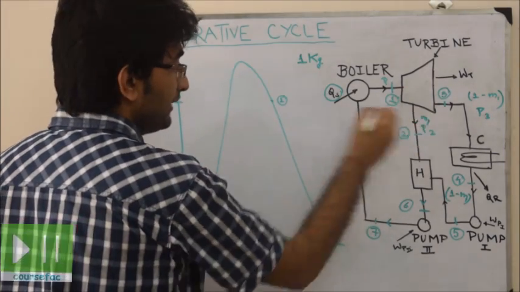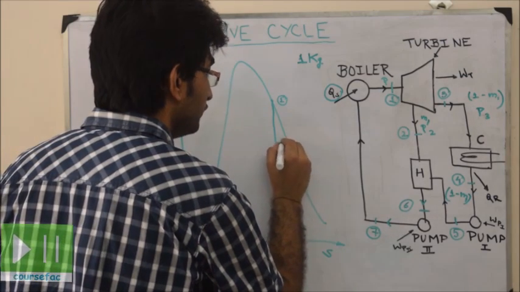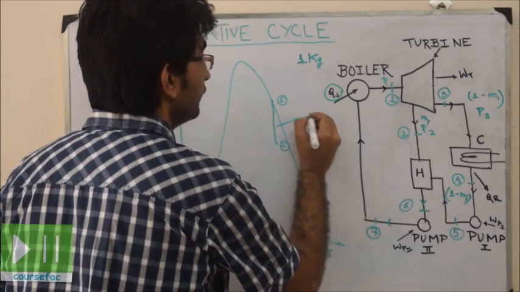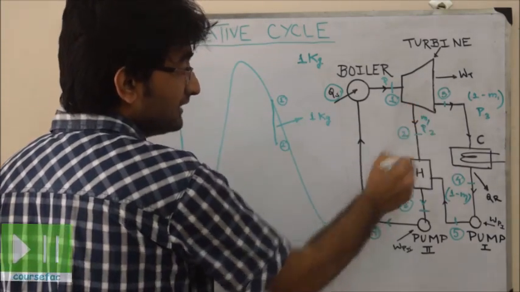1 to 2 is the expansion of 1 kg of steam. Now, you can see that M1 mass of steam is extracted.